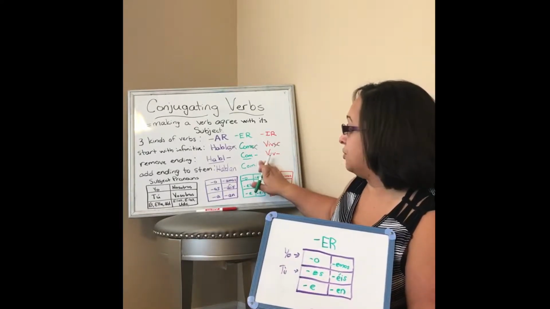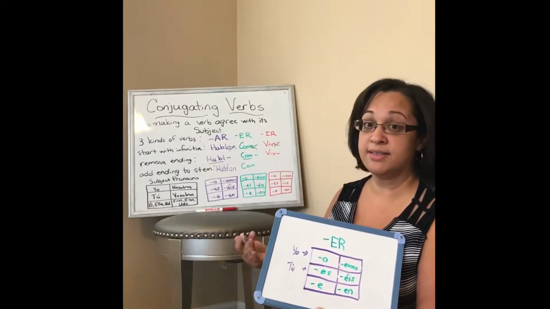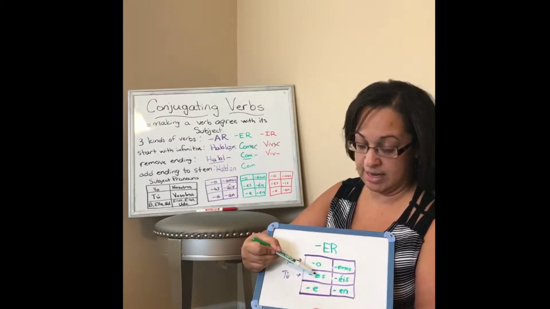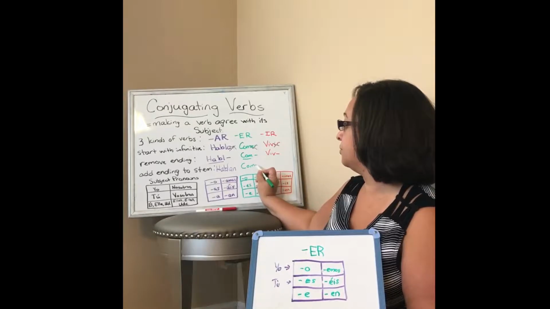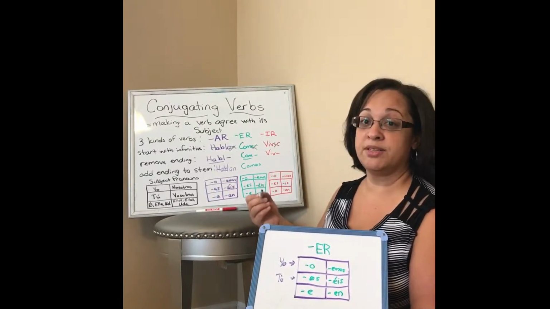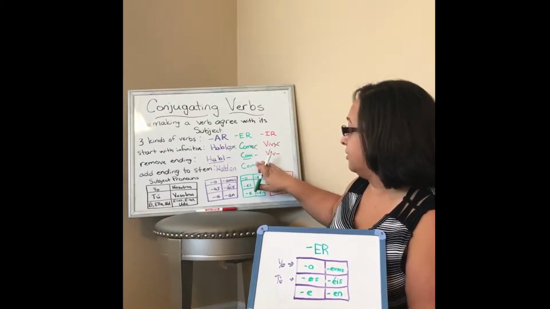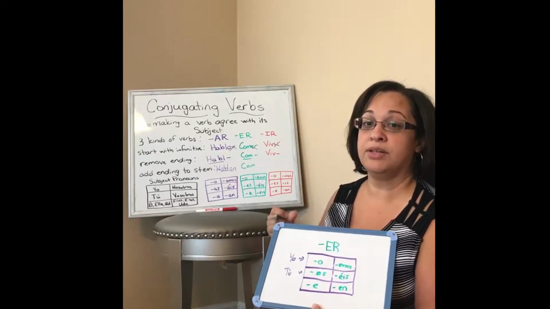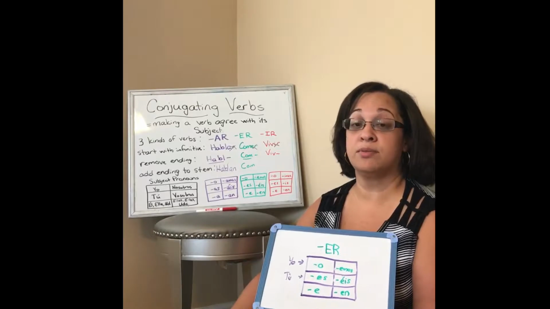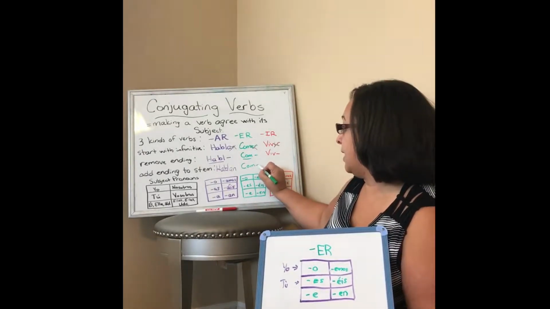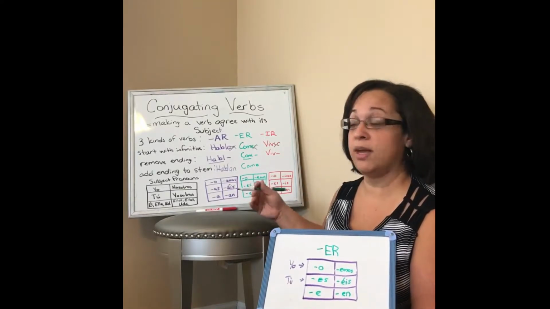If I want to say you eat, again, this is informal tú, right? I'm going to go ahead and look on my chart. I'm going to add an ES at the end. Tú comes. If I want to say he, she, you formal, okay, so again, adult or someone that you owe respect to, come, él, ella, usted come.